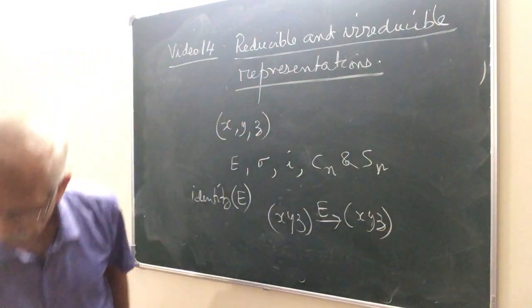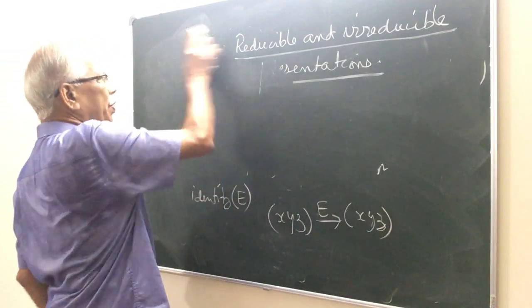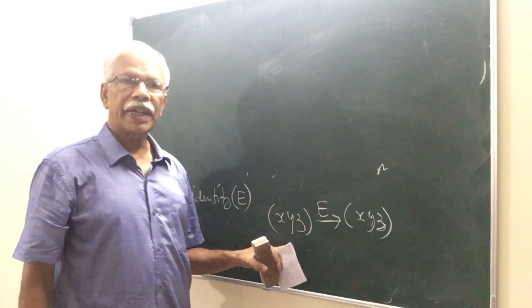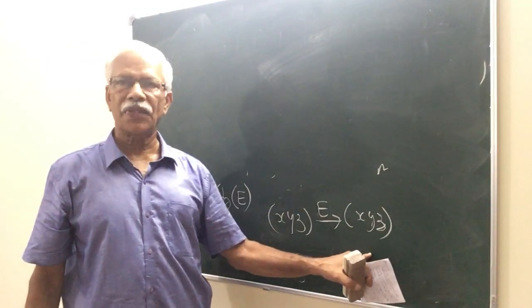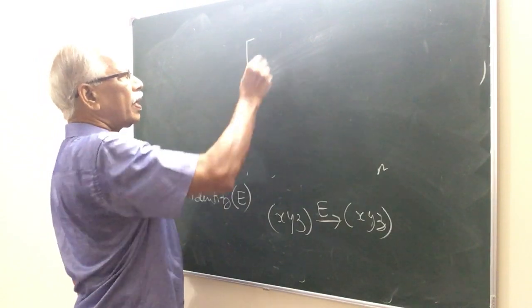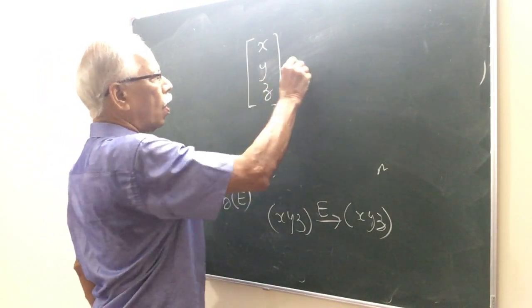Now we have to denote this change by a matrix equation. The initial set of coordinates and the final set of coordinates is written as a column matrix.